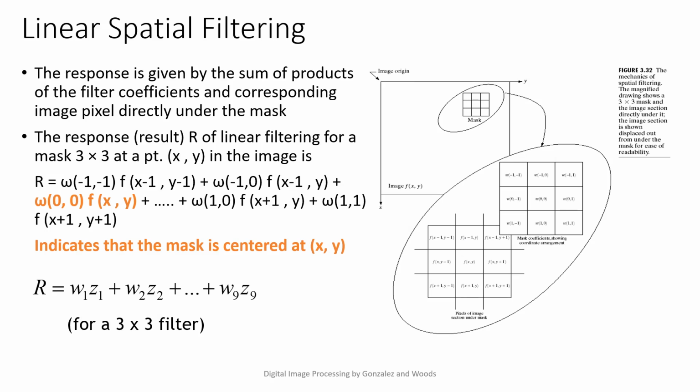This is the filter mask which is shown here. The values in the mask are known as filter coefficients. We are not calling that a pixel, but the values in the image are known as what? Gray level value for that particular pixel.